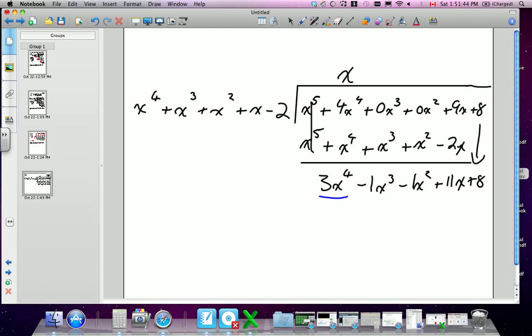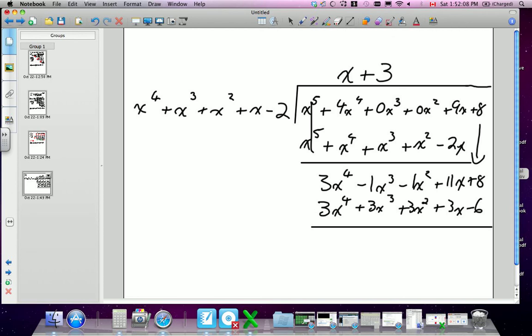Then we need to get 3x to the power of 4 from x to the power of 4. So what would I multiply by? 3. So I get 3x to the power of 4 plus 3x cubed plus 3x squared plus 3x minus x.